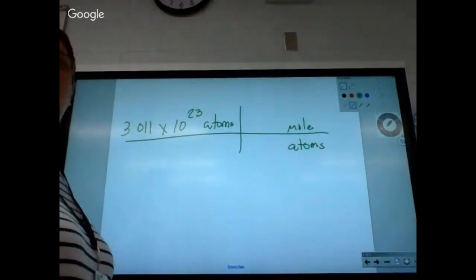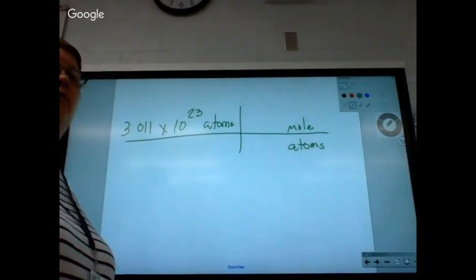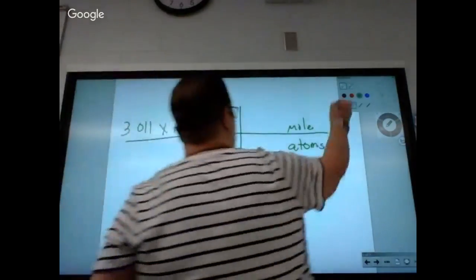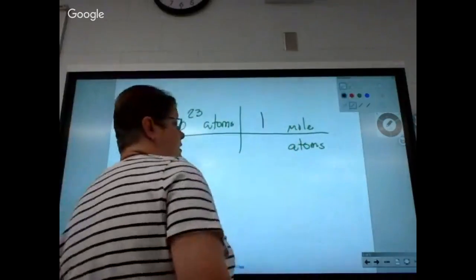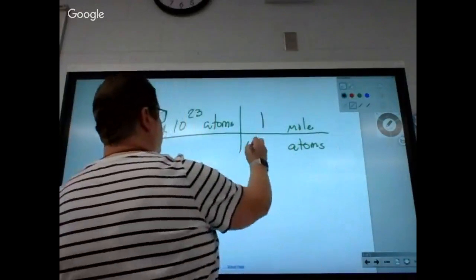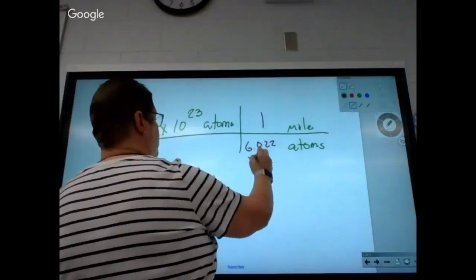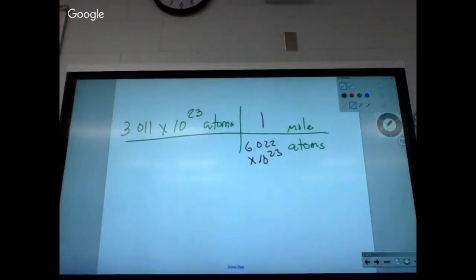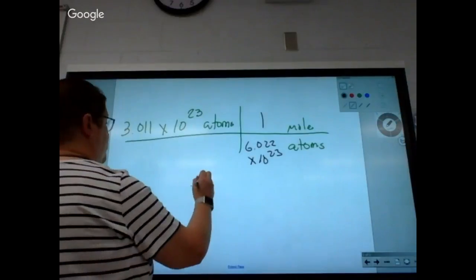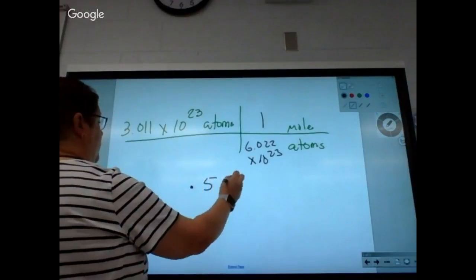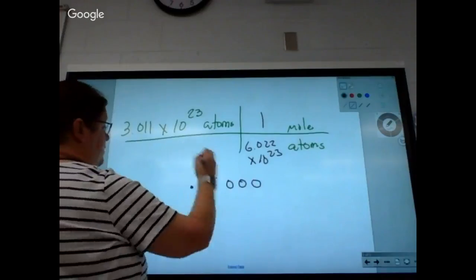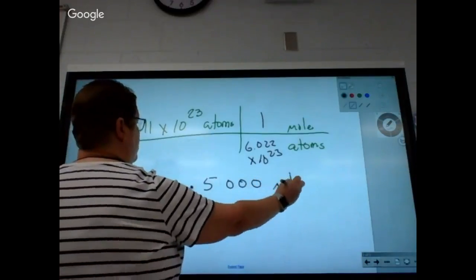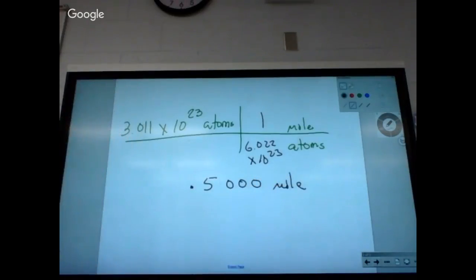Do I need to go any further? No. So what goes beside moles? What goes next to atoms? When we divide that, I can tell that's 0.5 there. We get 0, 0, 0 to fill in to get 4 significant digits. I can do that one in my head.